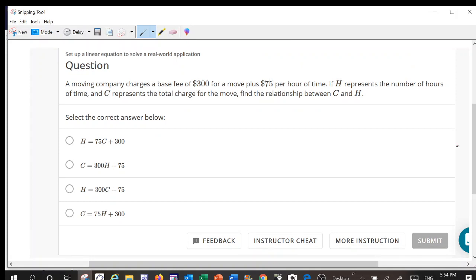So the company charges a base fee of $300 plus $75 per hour. If the number of hours is h, that would be 75 times h, plus 300. So the cost should be 75h plus 300.